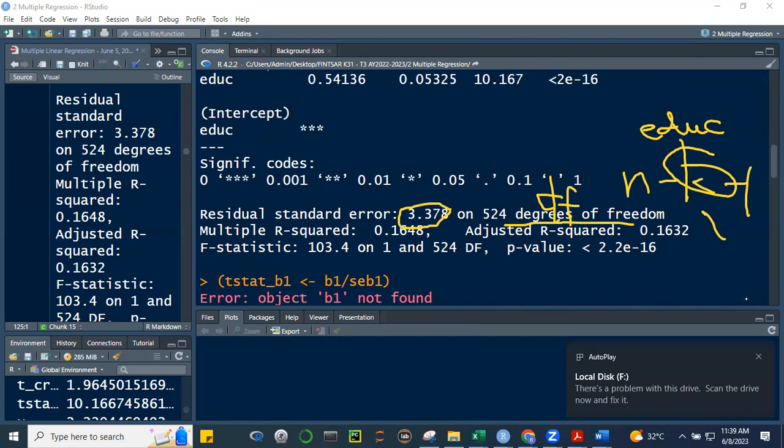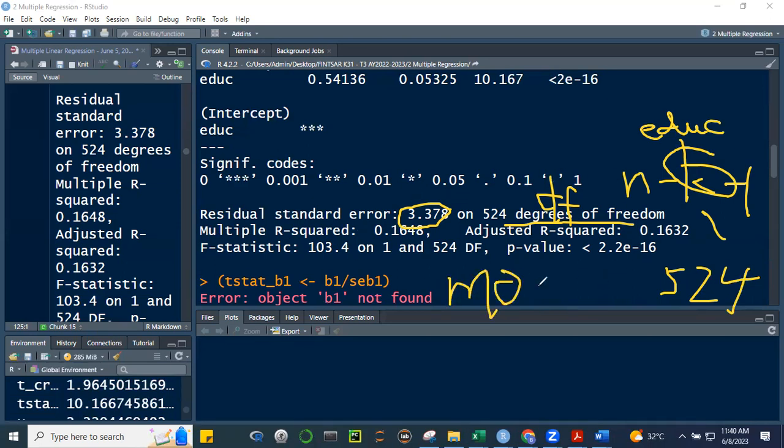And our n is 526 yung observations natin, so n minus k minus 1, minus 1, minus 1. So our degree of freedom is 524, which we can actually get via yung model 1 natin, mod1, and then $ sign, yung df.residual.